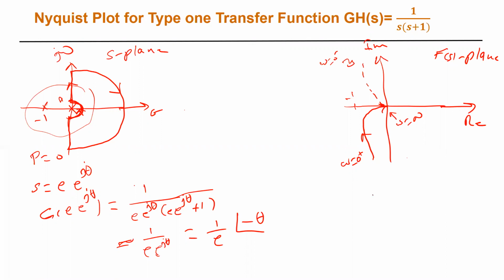So now, in this area, the phase of G of s is equal to minus theta. Now let me suppose I'm at this point, at omega equals 0 minus. What will be theta?